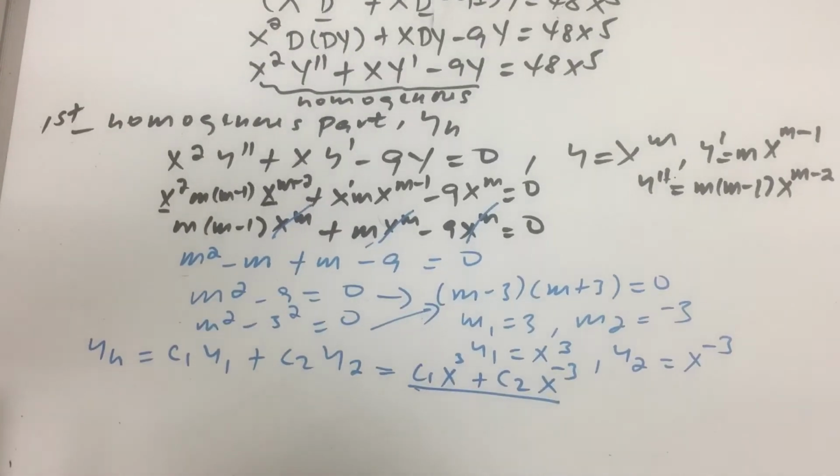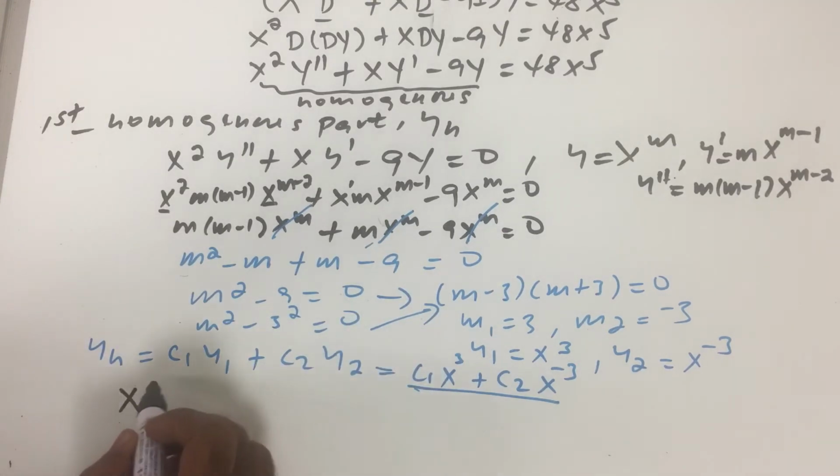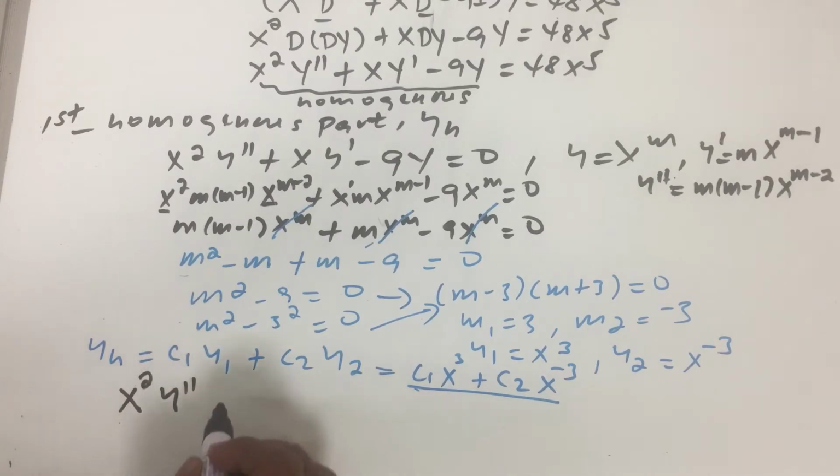But we have to solve for the particular solution of this non-homogeneous equation. We can solve it in two ways; we have two options. The first option is to assume a solution for the given second order Euler-Cauchy equation. Let me rewrite my original problem.